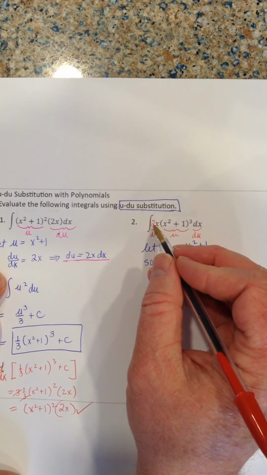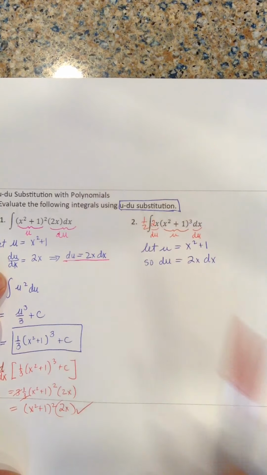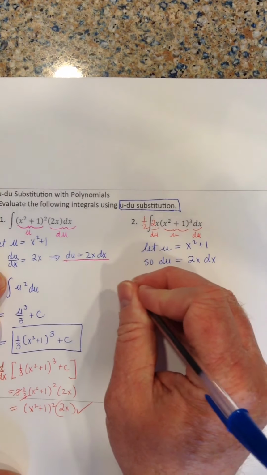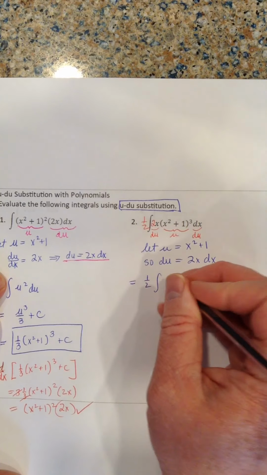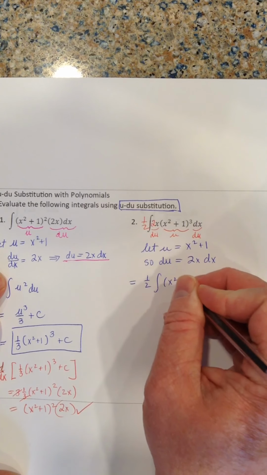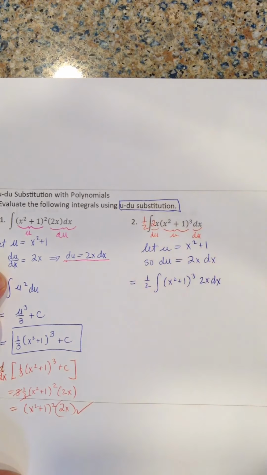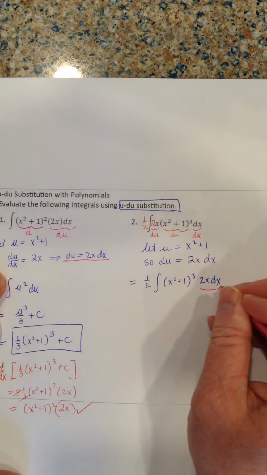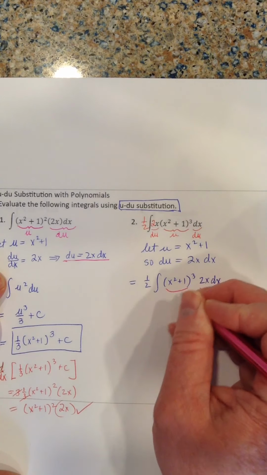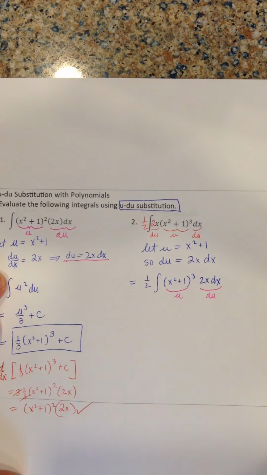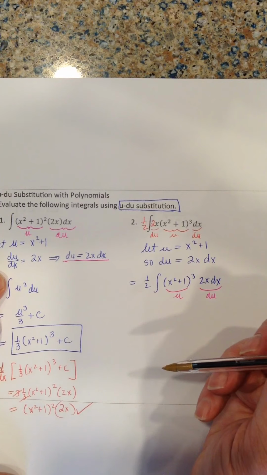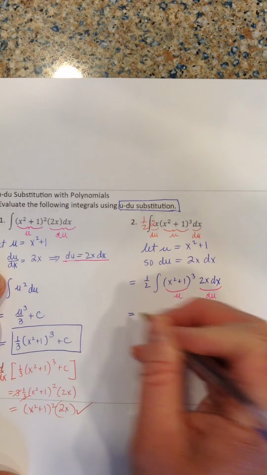But I can put a 2 in there if I put a 1/2 on the outside. So we get a new integral, 1/2 integral of (x squared plus 1) cubed times 2x dx. And so again, you can see that's my du and that's my u. And I could do that because 1/2 times 2 is 1, and multiplying by 1 doesn't change the value.